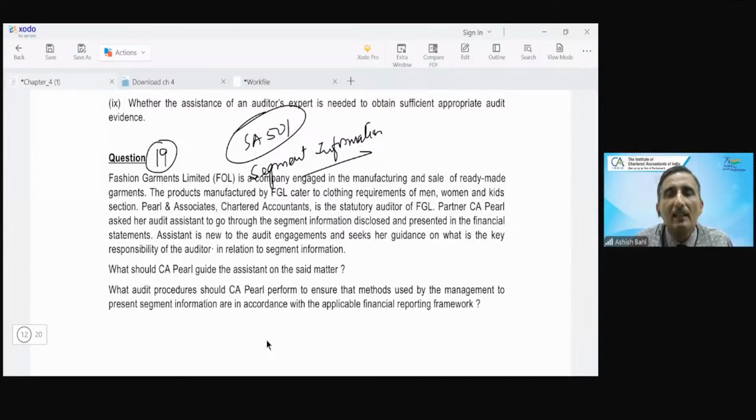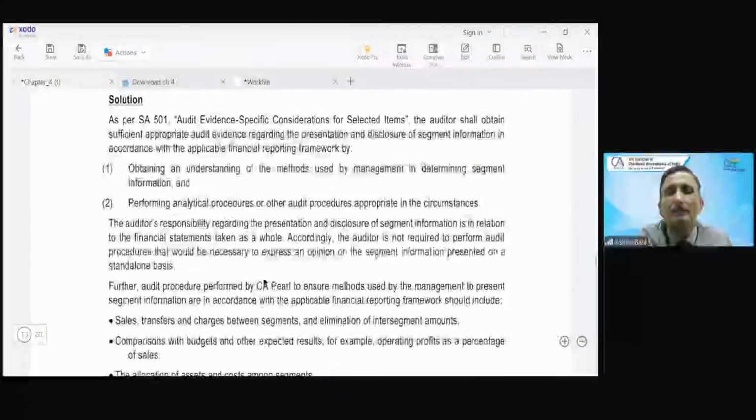So obviously you have to see whether these have been disclosed as per the applicable financial reporting framework, what are the methods used by the management to disclose financial information, whether these have been properly followed or not. So these kind of things. Performing analytical procedures. Clear?